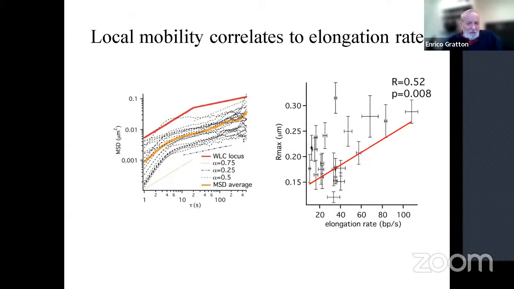Okay, so the local mobility of the gene, the MSD of the gene. The average of all the genes is the yellow, and this is the maximum and the minimum; it will change depending on the gene, but all the genes more or less have the same kind of behavior.